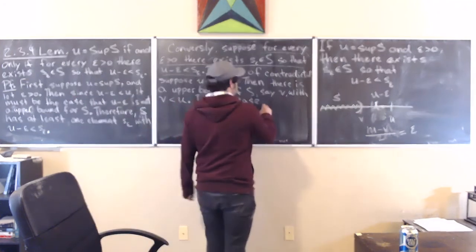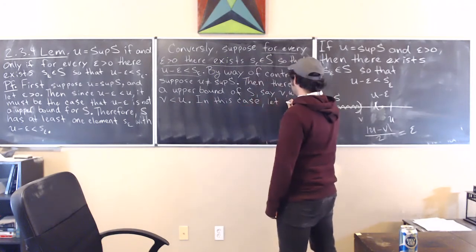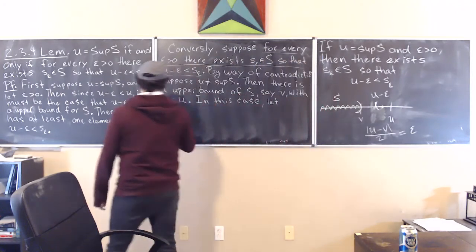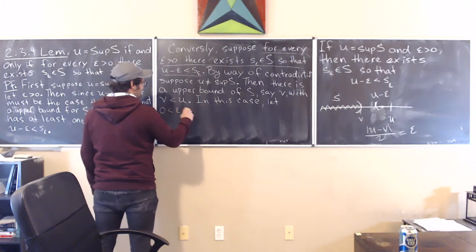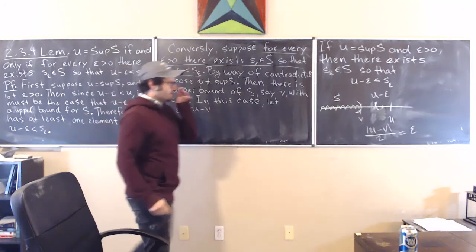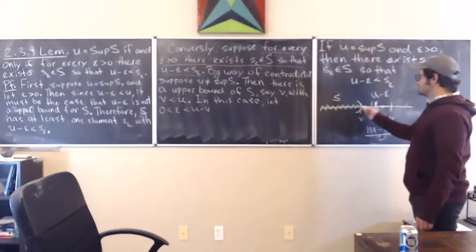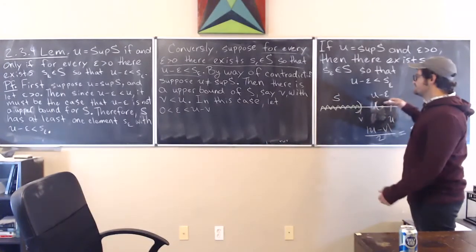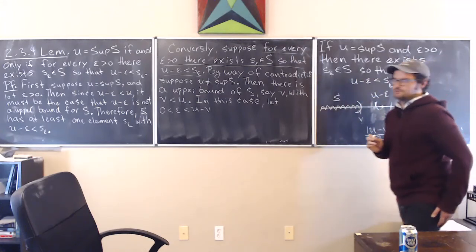In this case, let 0 be less than epsilon, which is less than U minus V. So epsilon is not necessarily halfway between them. It's just any number that's between them, any distance that's not exactly V to U.